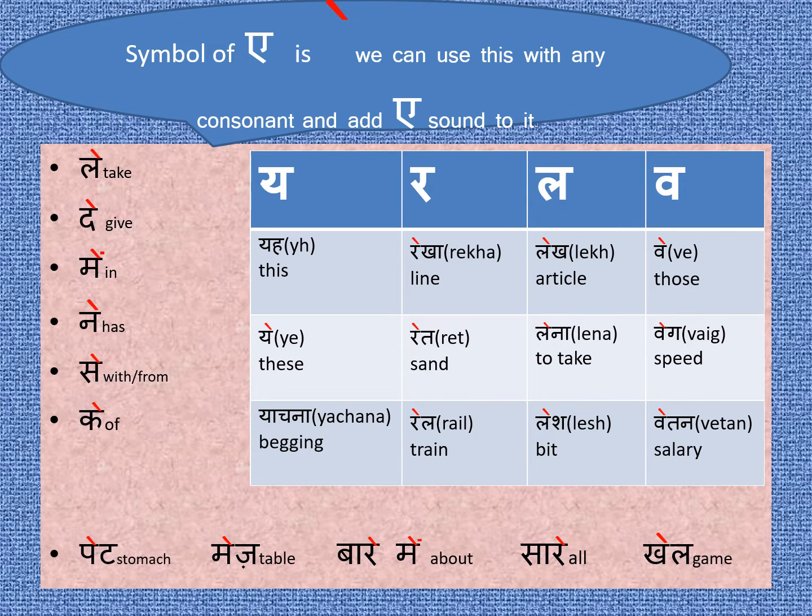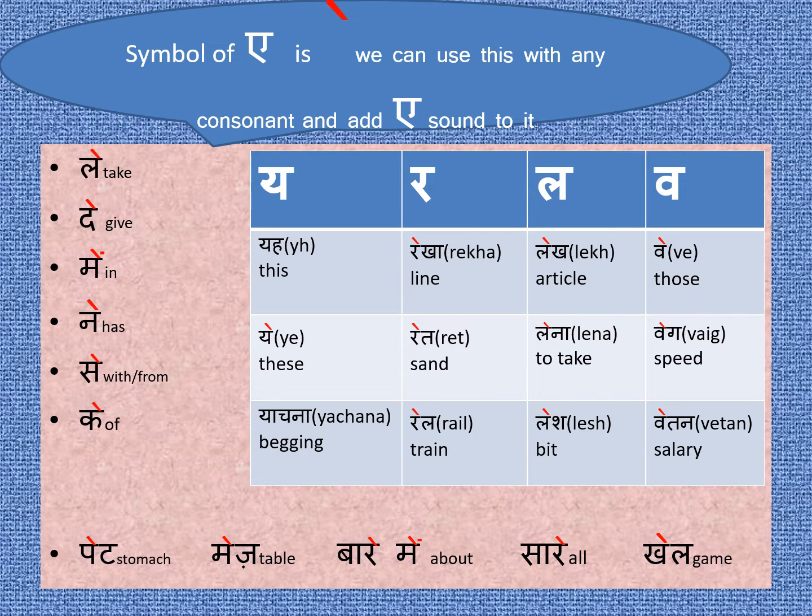Now today's consonants. Y. With Y we have in first column the words yah, then the second word ye, third word yachna. In ra column you can see all the words have the symbol of A with ra.